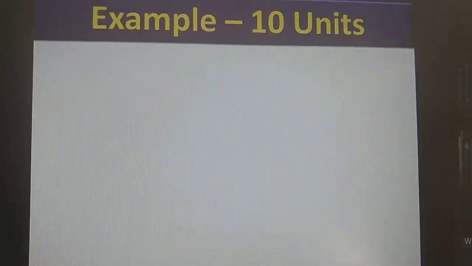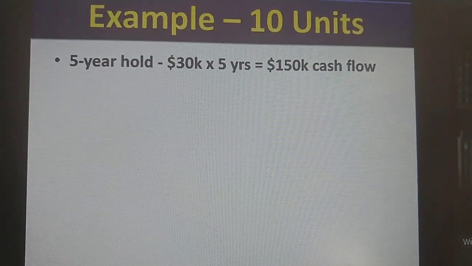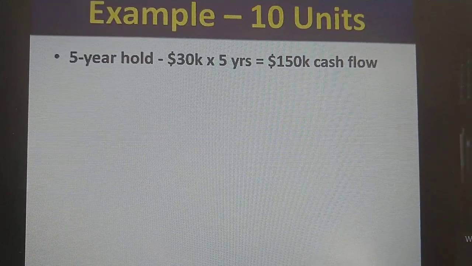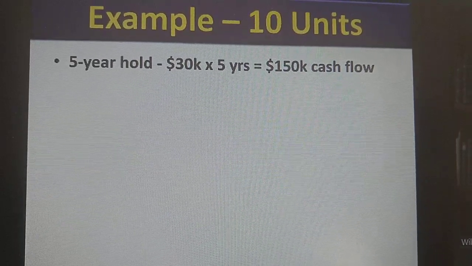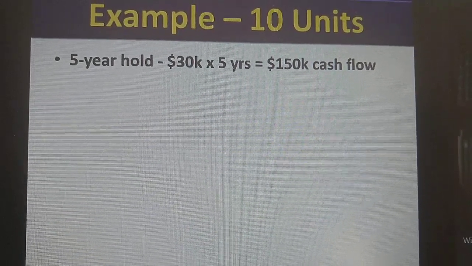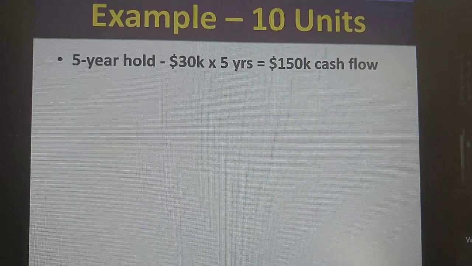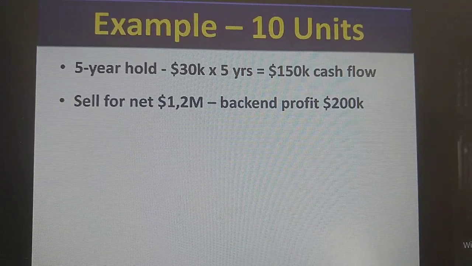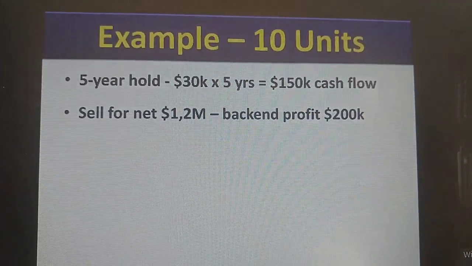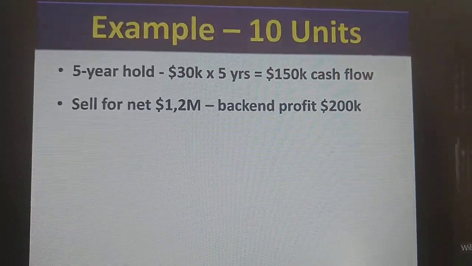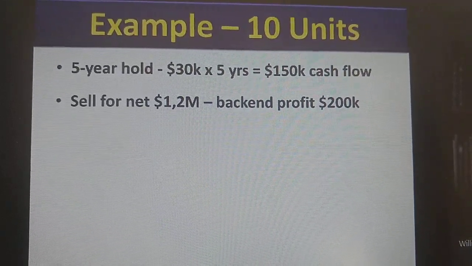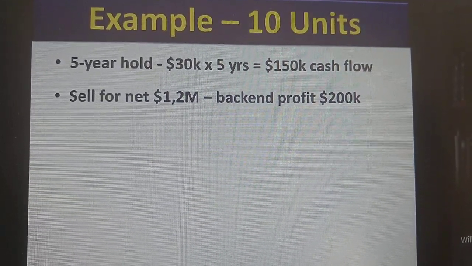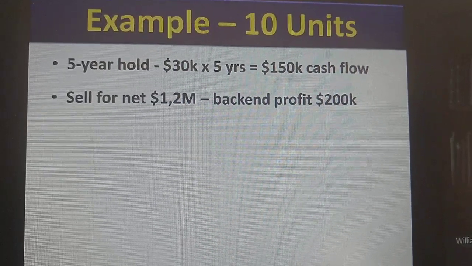And if you hold it for 5 years and got $30,000 a year in net cash flow, that'd be $150,000 in cash flow over 5 years. Let's say you sold it for a net $1.2 million, net of closing costs and broker's fees. So your back end profit is $200,000. You bought it for $1 million, sold it for $1.2 million.